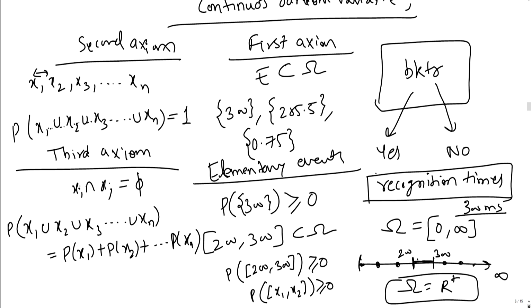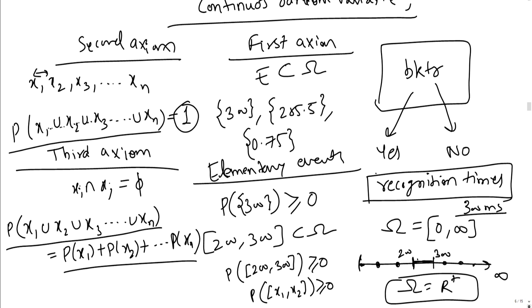From the second axiom, you know that the probability of the union of elementary events is 1. From the third axiom, the probability of their union equals the summation of individual probabilities.